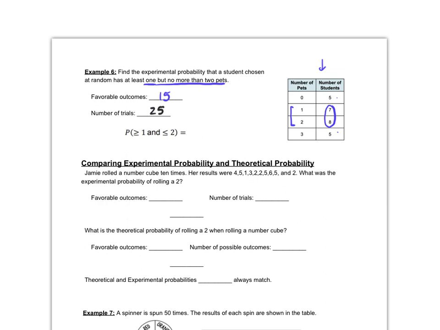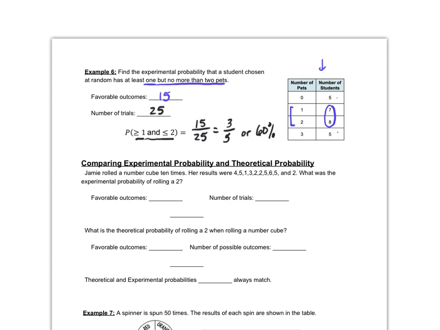So the probability of selecting a student at random that has at least 1, but no more than 2 pets is the favorable outcome of 15 divided by the number of trials, which is 25. That simplifies to 3 over 5, or 60%. So this is examining some experimental probability.